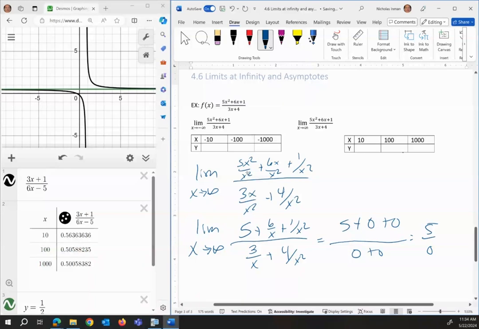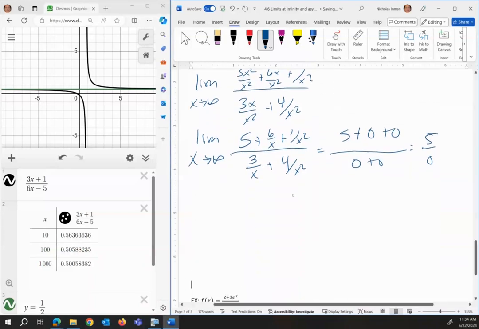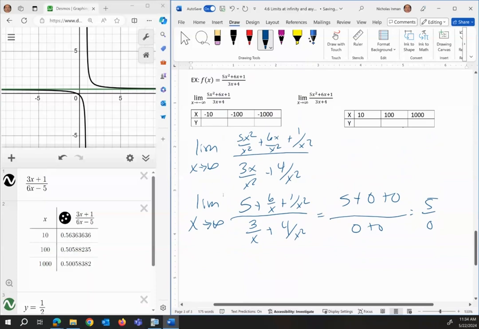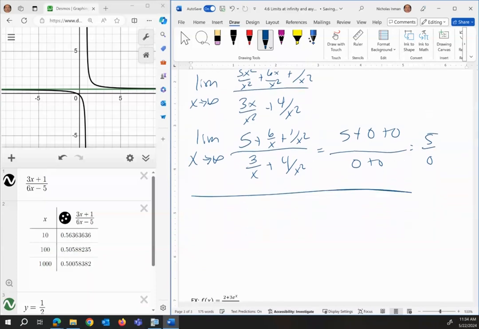Actually, let's try it this way. Instead of dividing by x squared, because that produced zeros on the bottom, what if we divide everything by just an x? One less power.